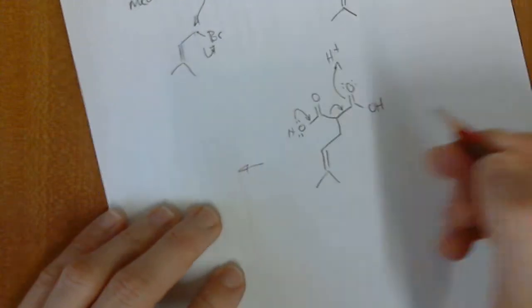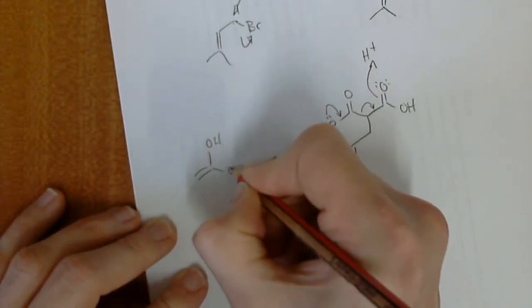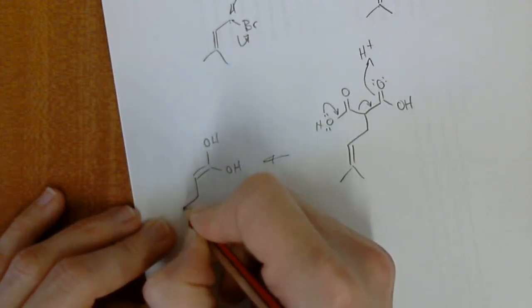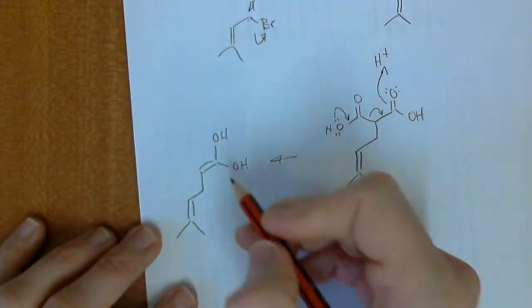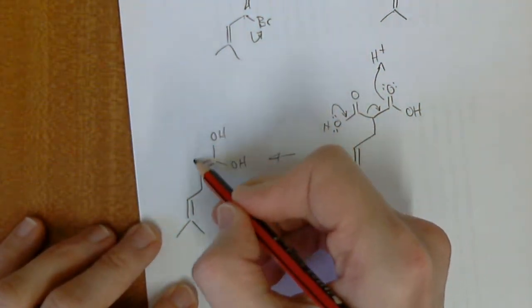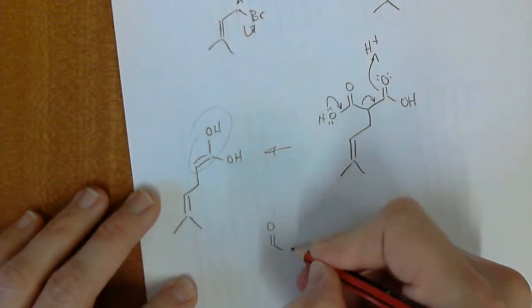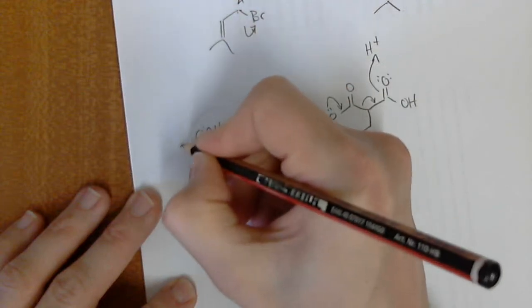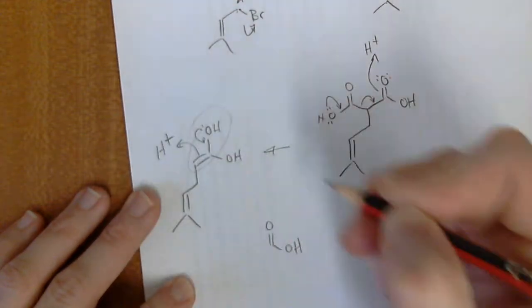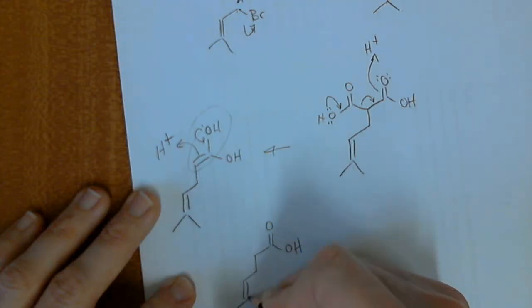And so we are left with boom, OH, OH, and of course, this can just tautomerize back to the carboxylic acid, pick up a H plus. All right, and so the product looks like that.